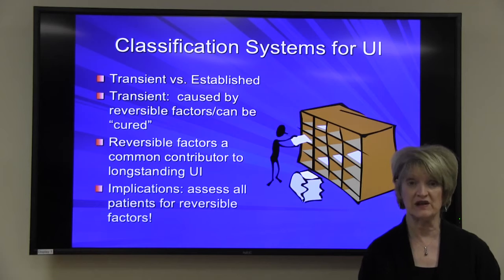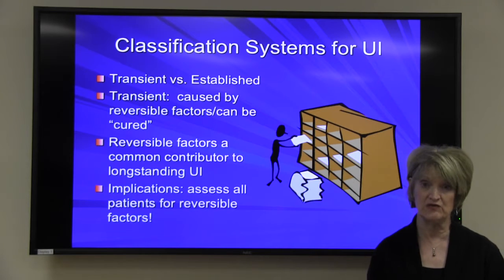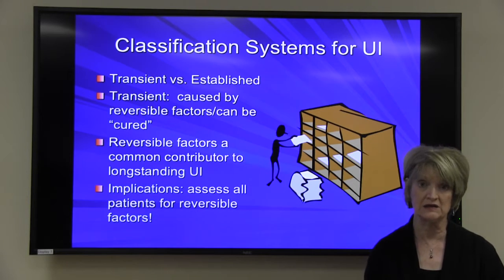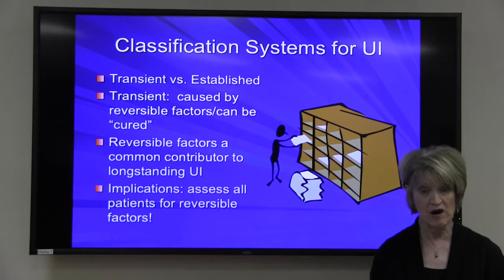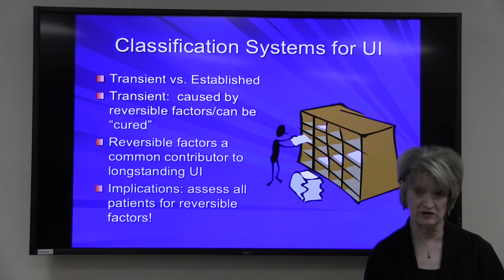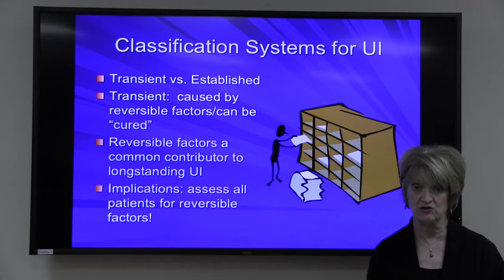So in looking at classification systems, you want to begin with differentiating between incontinence that is newly occurring and potentially reversible and incontinence that is established. By definition, transient or reversible incontinence is incontinence caused by factors that can be corrected. However, we know that many individuals who have established incontinence, long-term patterns of leakage, have reversible factors that are making their incontinence much worse.